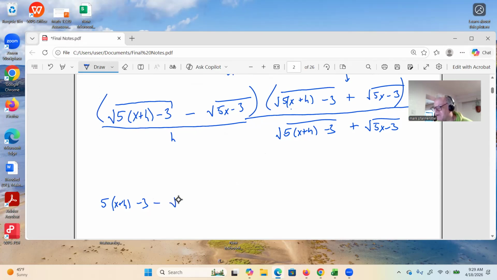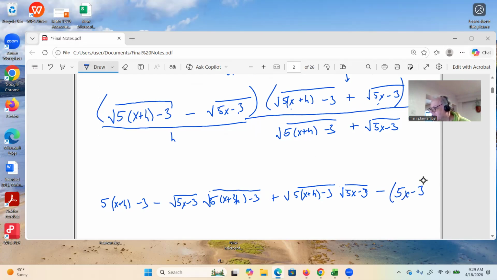Now we have the square root of 5x minus 3 times the square root of 5x plus h minus 3, plus the square root of 5x plus h minus 3 times the square root of 5x minus 3. And then we have a negative times a positive, so minus the square root of 5x minus 3 times the square root of 5x minus 3, which is 5x minus 3. We're multiplying the same thing under the square root, so the square root goes away.